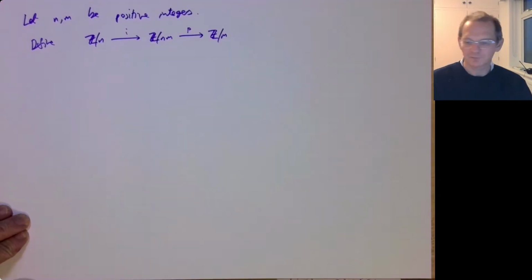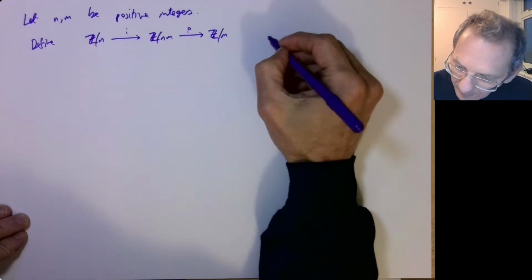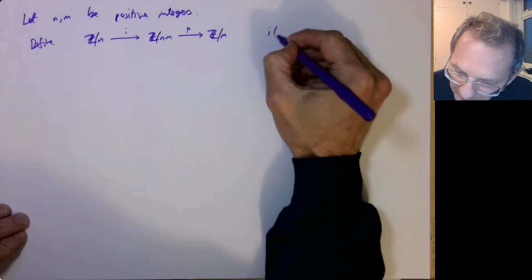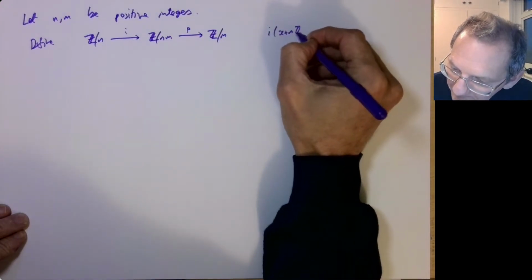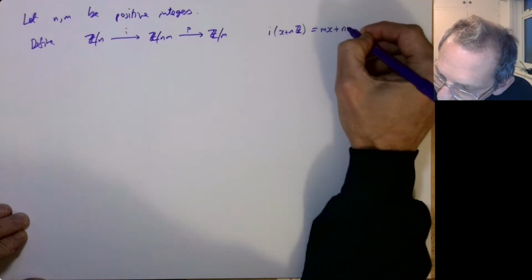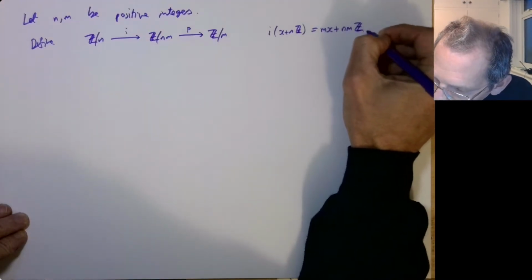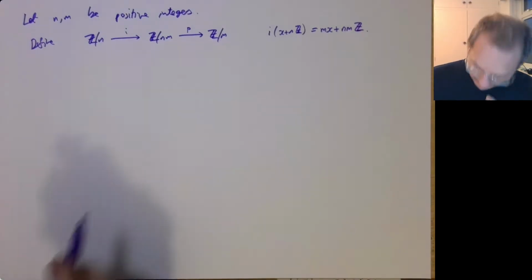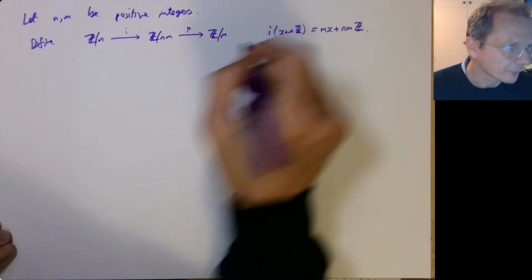We're going to again define homomorphisms like this. I of x plus nZ is going to be mx plus nmZ. Okay, so we need to check that this really is a well-defined homomorphism.